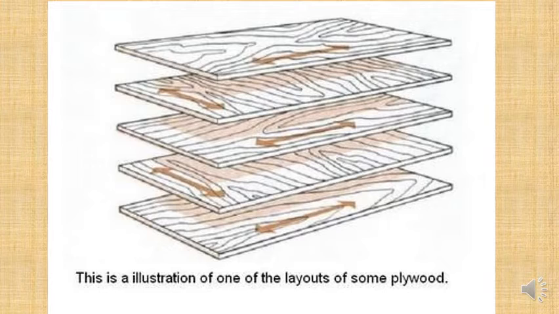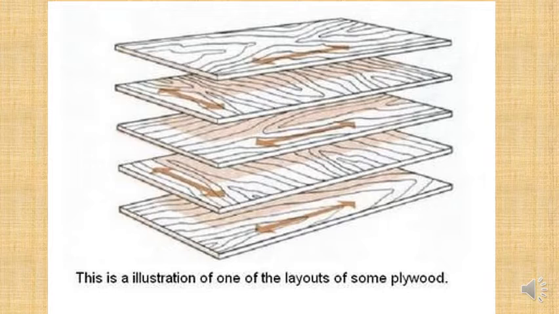Well, it's because when the veneer was cut, it had very high moisture content. As it dries, it's going to shrink, and if you've got all of the grain going in one direction, then the plywood is going to twist and bend. But if they're in opposite directions, that keeps the plywood nice and flat.